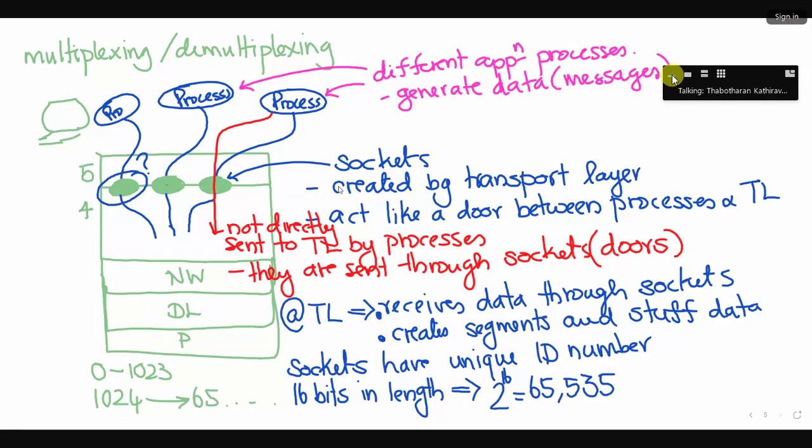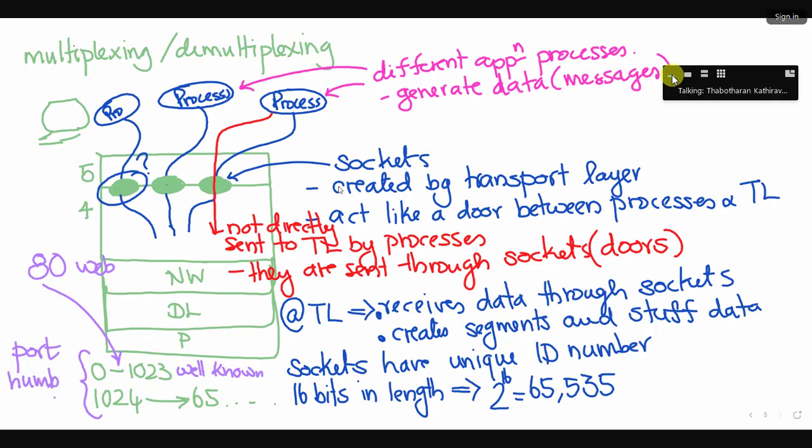We also saw that one of these well-known port numbers is port number 80, which everybody knows is for the web. I'm just repeating. These numbers are typically known as port numbers or socket numbers.